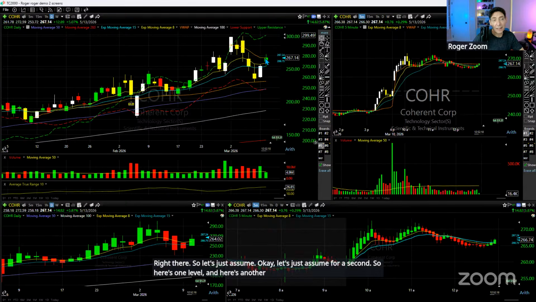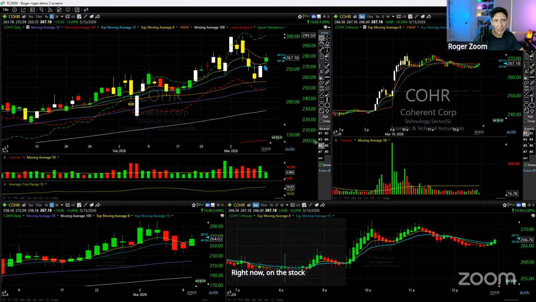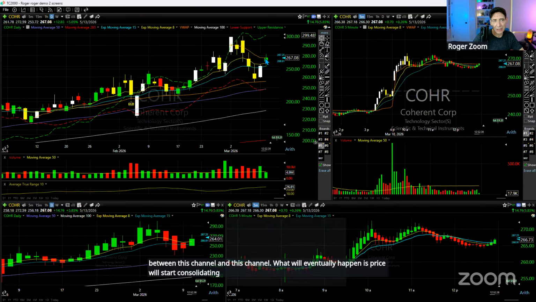Let's make an assumption that price is not going to go up right now on this stock, COHR. That price is going to stay in this area right here between this channel and this channel. What will eventually happen is price will start consolidating here, and this area here.